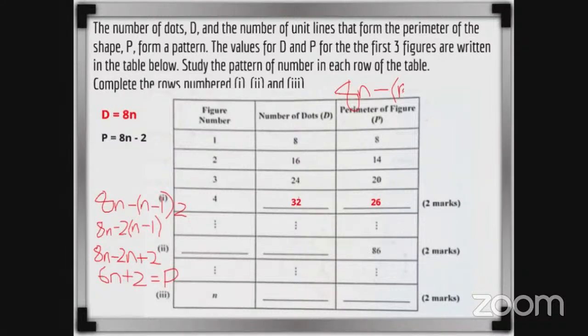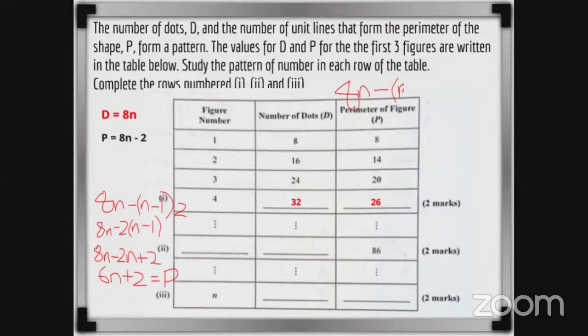So with a simplified expression now, let us try this expression for the perimeter for figure 1. So figure 1, n is now 1. Let us substitute. 6 times 1 gives us? 6. 6 plus 2 gives us? 8.